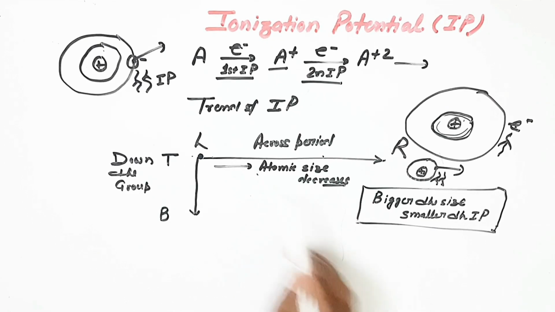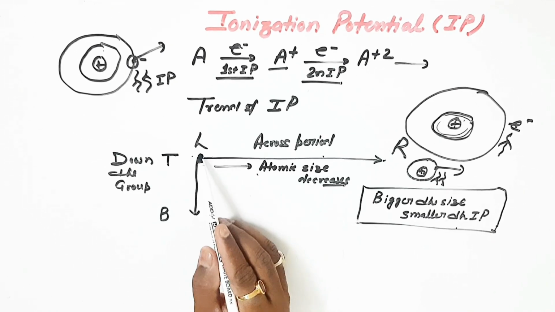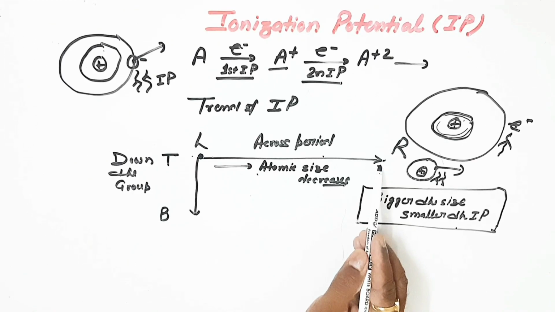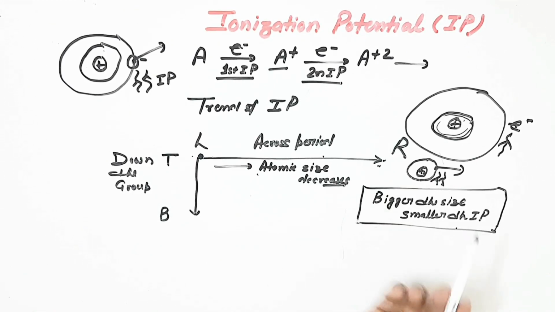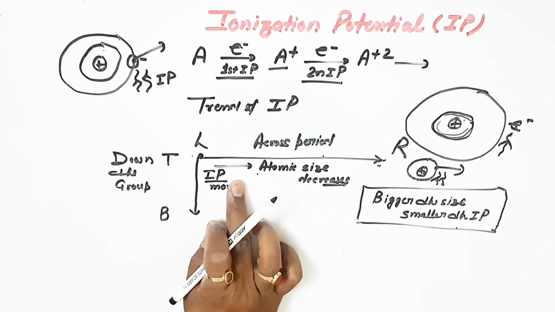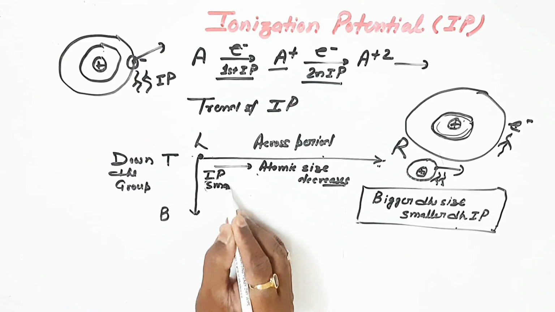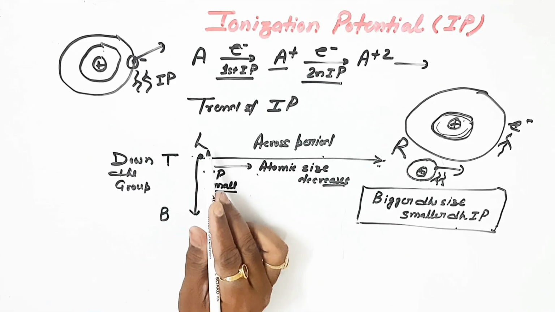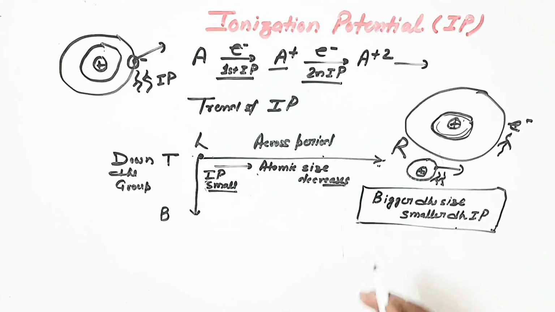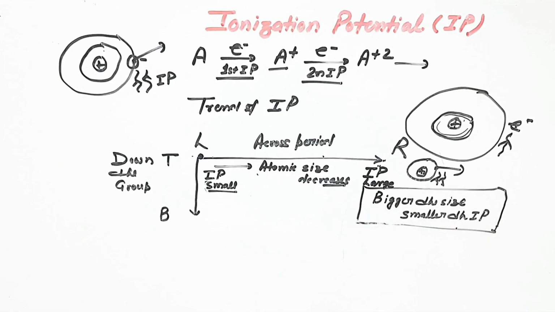Now this will decide the trend of IP. Bigger size, smaller IP. Bigger size is on the left side and smaller size on the right side, so IP will follow the reverse order. Here on the left side, the IP value will be small, and when you move towards the right side, the IP value will be large, because the atom is getting smaller and smaller.